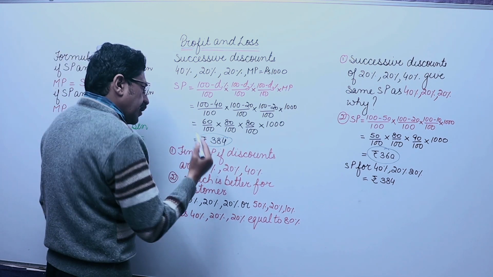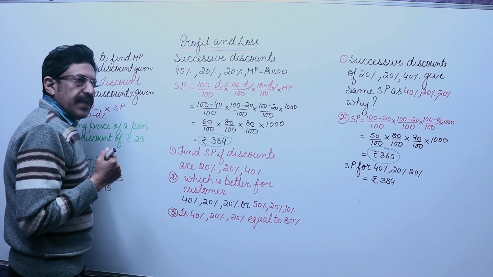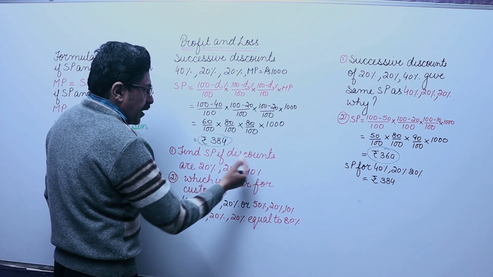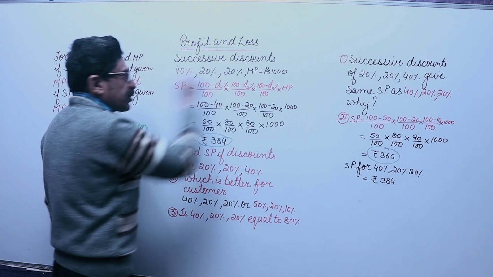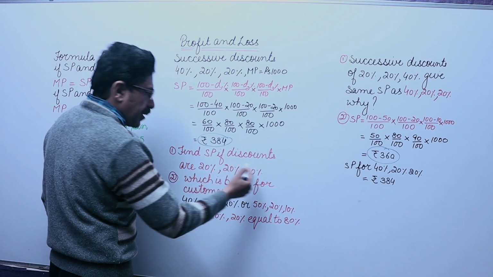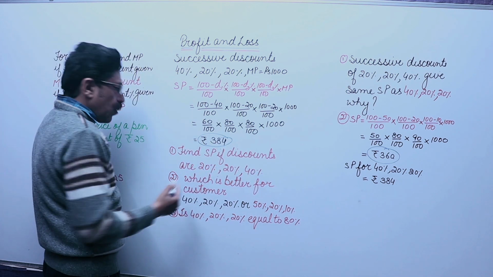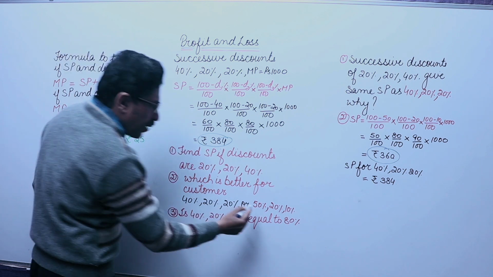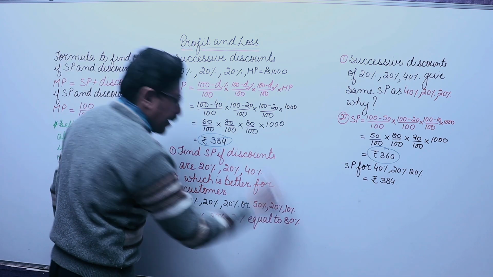Now 3 questions we will solve. First, find selling price if the order of the discounts changes, that is, discounts are 20%, 20% and 40%. Second, which is better for the customer, these successive discounts or 50%, 20%, 10%?